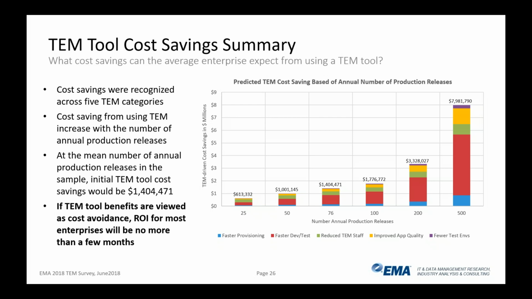So, I see these as the two most important findings of the survey. I don't know offhand what TEM tools cost, but when you look at the level of savings that are going on here, regardless of what the TEM tool is going to cost on an annual basis, you're going to end up way ahead of the game. I just can't imagine that it could be any other way.